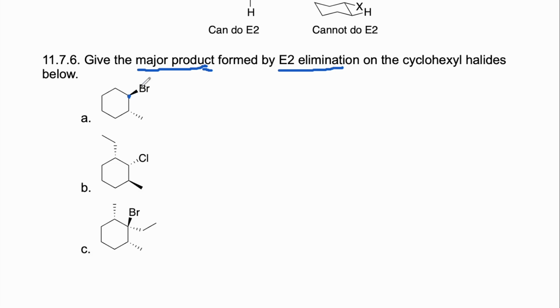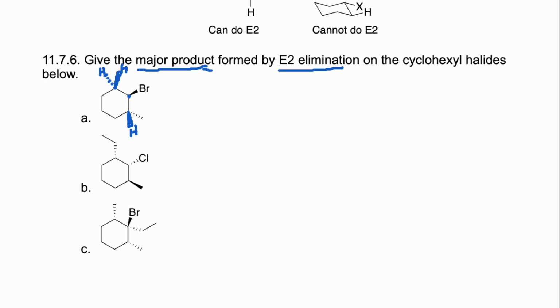We have a bromine that is sticking up. We have two possible neighbors to pick on. We would like to pick on this more substituted neighbor. However, we need to have the hydrogen on the opposite side of the ring. So let's draw in our hydrogens that our neighbor has. This neighbor has a hydrogen pointing up because the methyl group is pointing down. This neighbor has a hydrogen pointing up and a hydrogen pointing down because they are both hydrogens on this carbon.